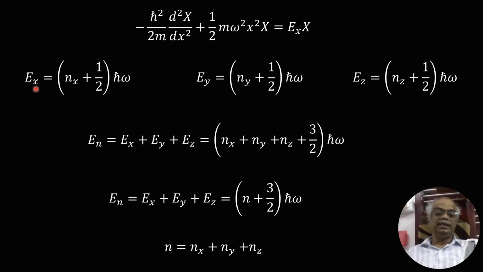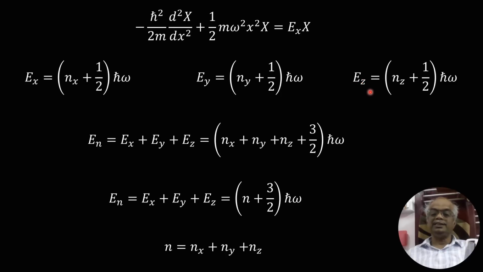So E sub x is equal to (n sub x plus 1/2) h cross omega. This is the nth energy state of the harmonic oscillator, here along the x direction. Similarly, along the y direction, it is equal to (n sub y plus 1/2) h cross omega.